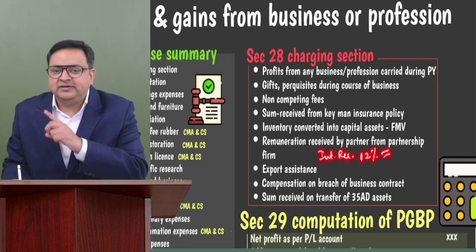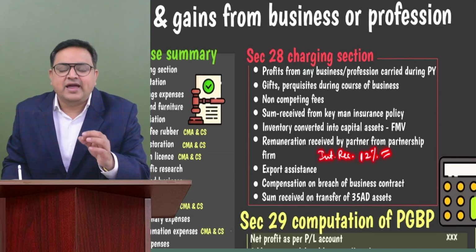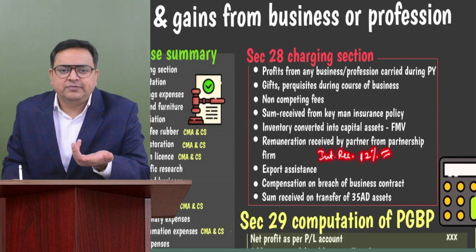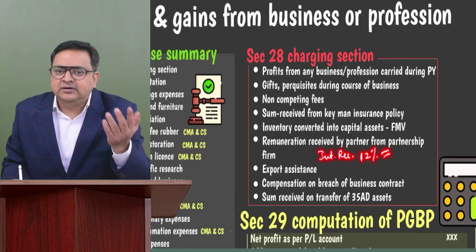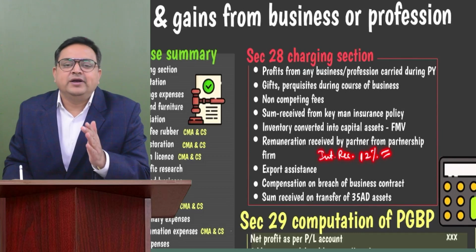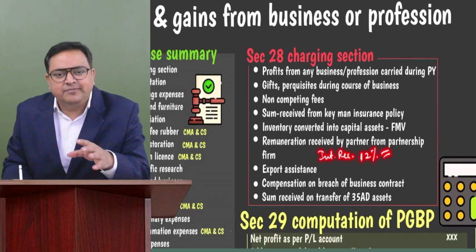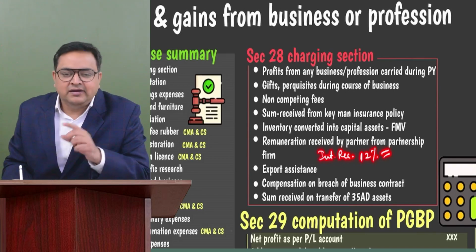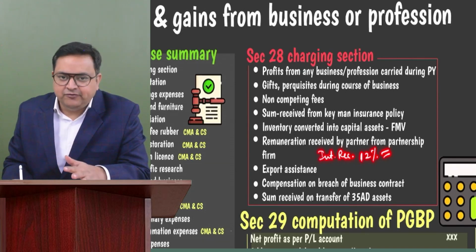In excess of 12%, it will not be PGBP. In excess of 12%, it will not be allowed in the hands of the partnership firm itself. So for the partner, please make it only 12%. Whether this person is a working partner or non-working partner, interest on capital is taxable in the hands of the partner, maximum up to 12% rate of interest.